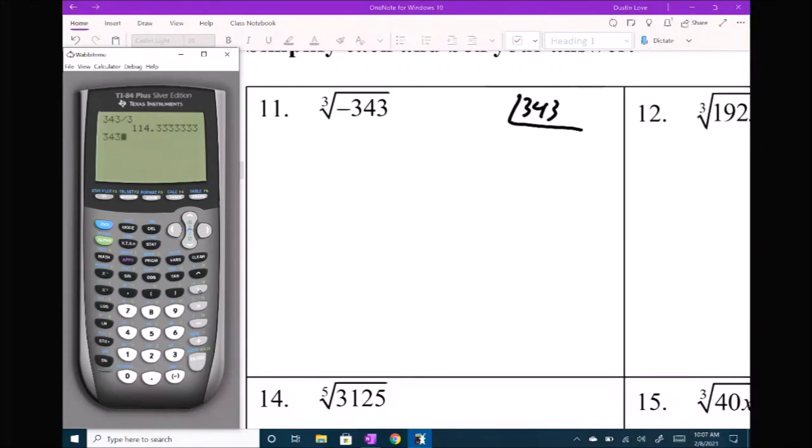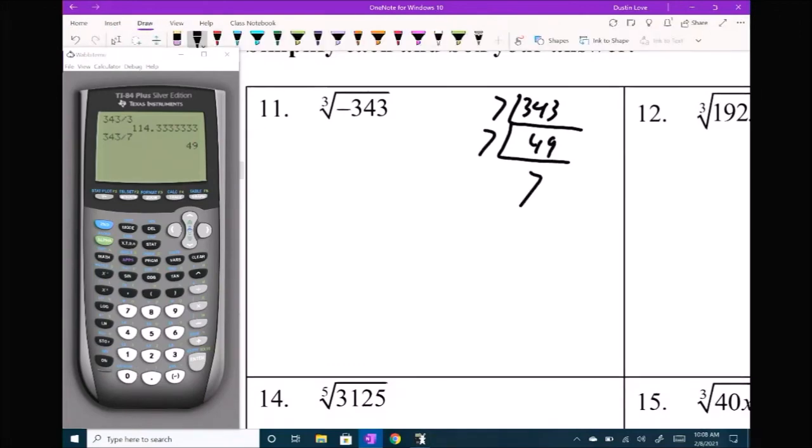Let's do 343 divided by 7. There we go. There's 7, and then that goes in 49 times, and then 7 and 7. So I've got a group of 3 7s. So the answer is just going to be 7. But now this negative sign, remember with odd roots, the negative sign just comes out as well. So we've got -7.